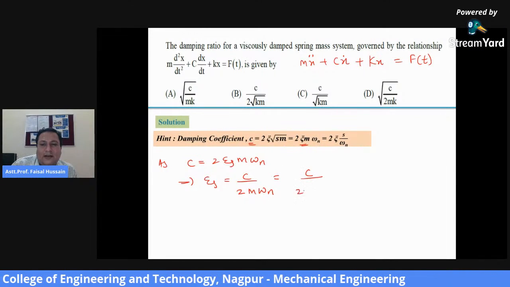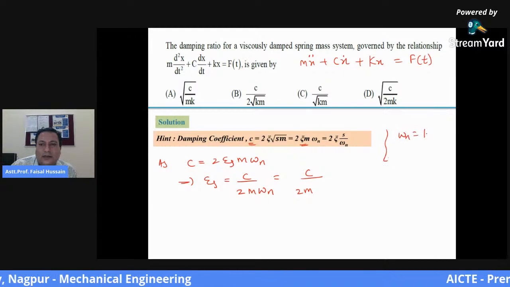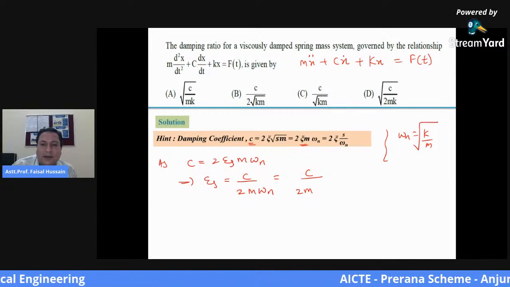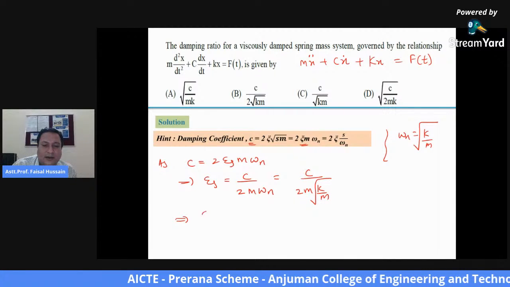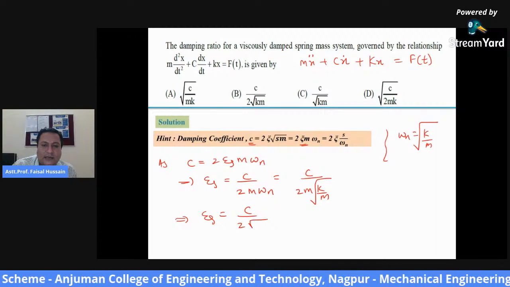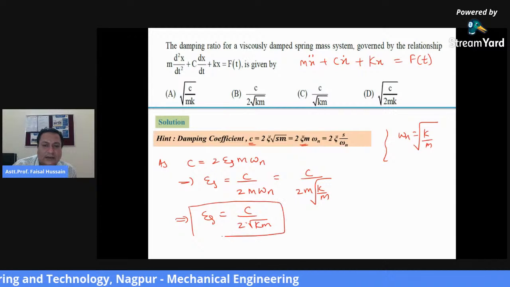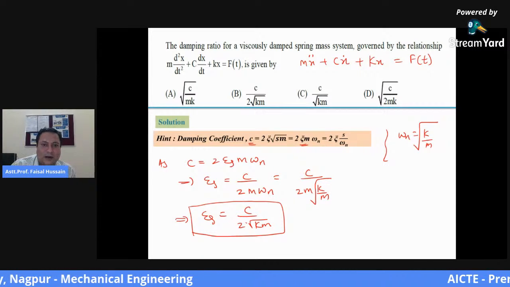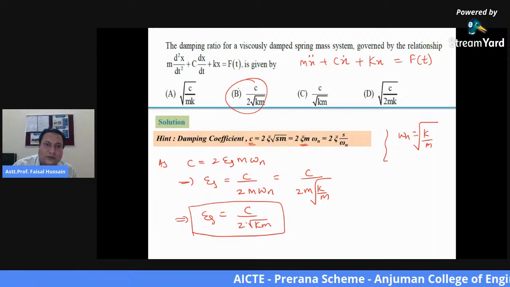Omega n is the frequency, which we have derived as root of k by m. So from here, if I rearrange this term, I will get the answer zeta equal to C by 2 root km. So option B is your correct option.